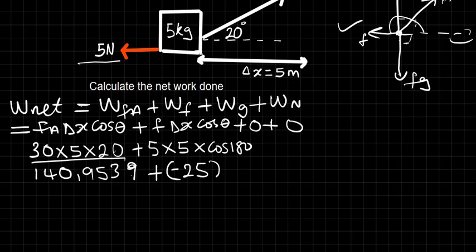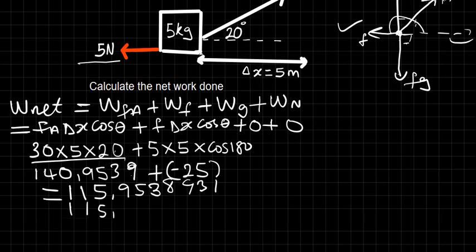So therefore my answer is going to be 115.9538931, and to 2 decimal places I'm going to have 115.95 joules. So that's going to be the net work done.